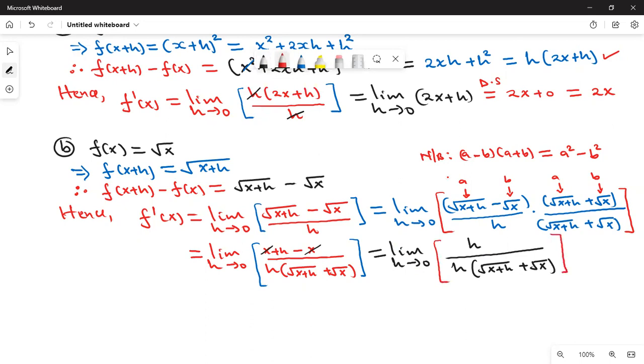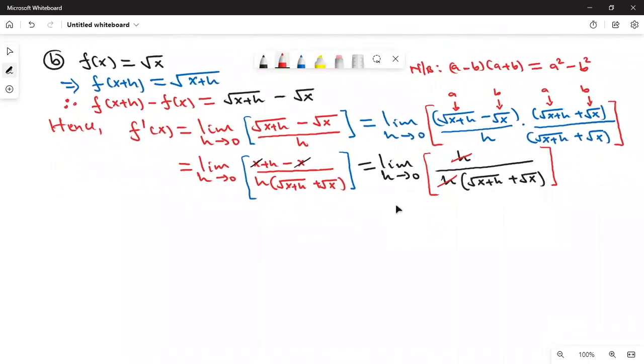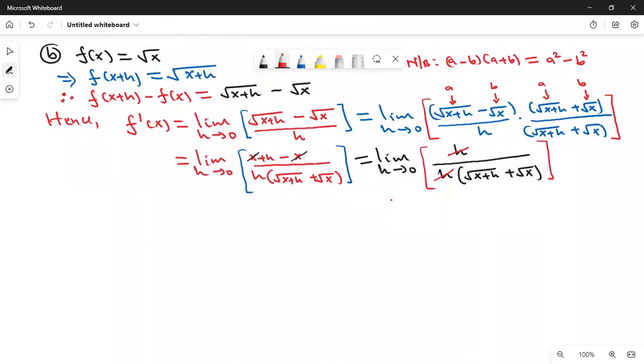Yes, because this and this will cancel. So having simplified that, what do we remain with? So let me write it here. That will now give us the limit as h approaches 0 of 1 over the square root of x plus h plus another root x. So we have simplified that.